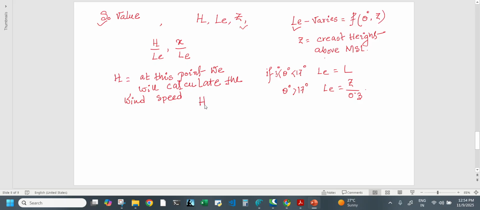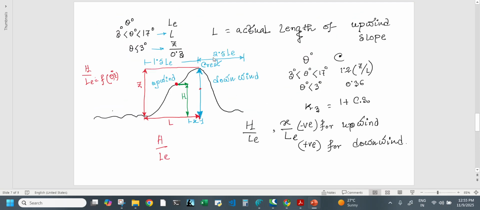So h by LE we already know. Now x by LE, and x is not known to us. So from this picture we will know that at this point we have to calculate the wind velocity.